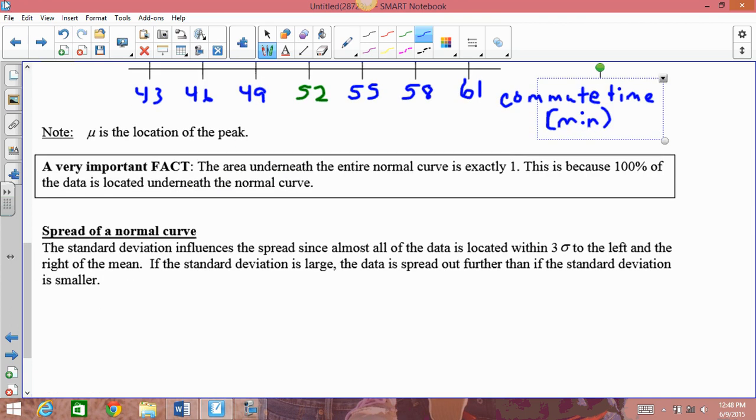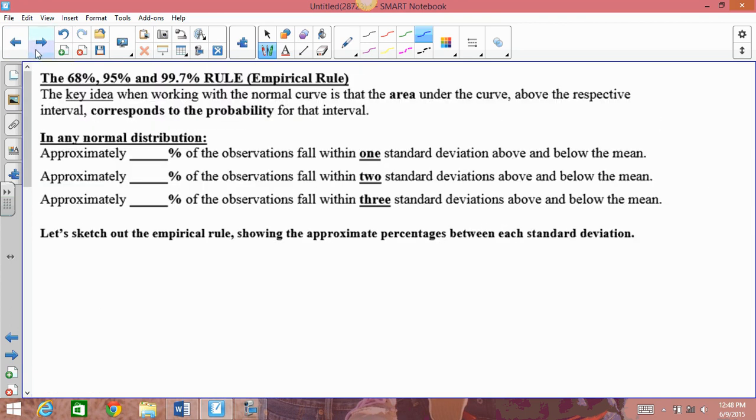So let's flip it on over. And that's the empirical rule. The 68, 95, 99.7, like I said, just call it the empirical rule. What that says is that approximately 68% of your observations fall within 1 standard deviation above and below the mean.